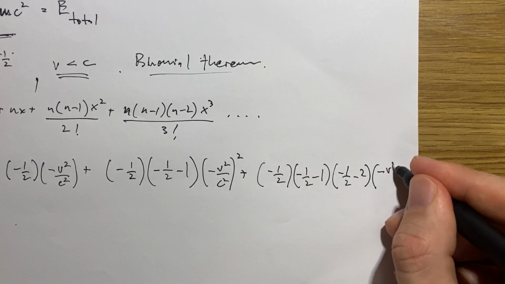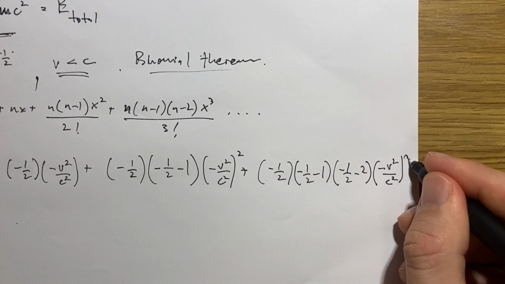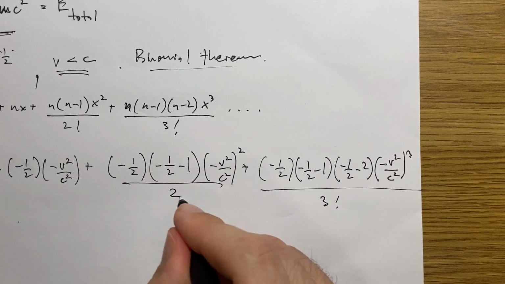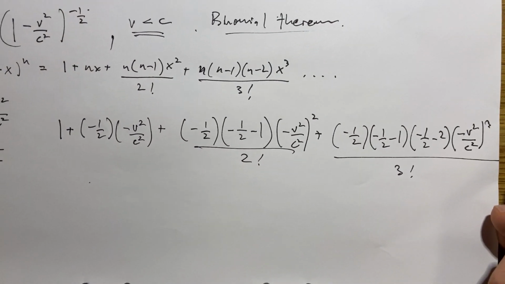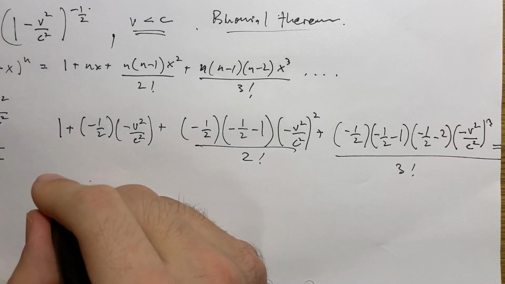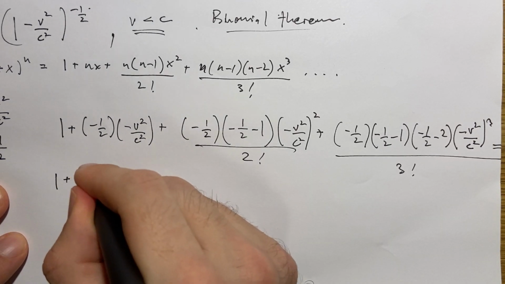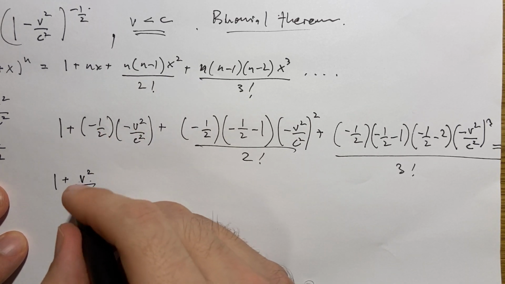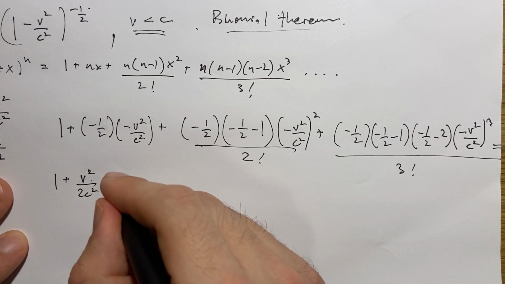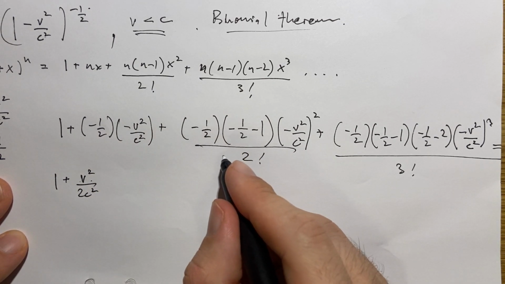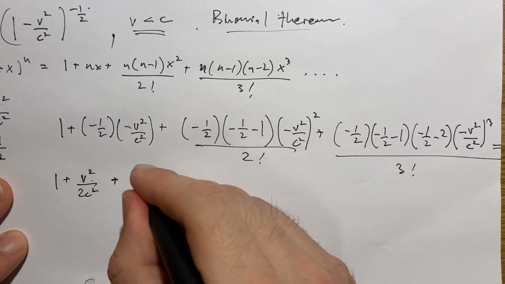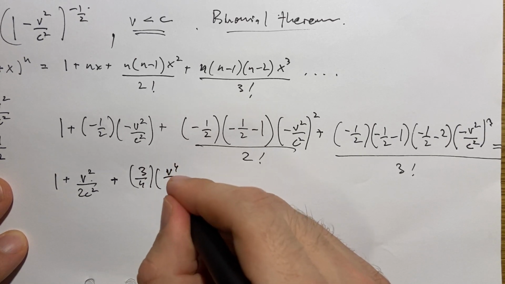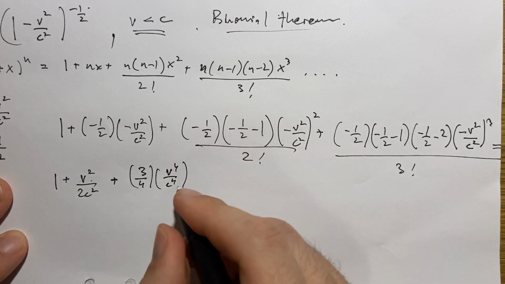Minus 2, minus v cubed, v squared over c squared cubed, and that divided by 3 factorial, that divided by 2 factorial, which, if we simplify it, would give us 1 plus v squared over 2c squared, and that in turn would be 3/4 times v to the power 4 divided by c to the power 4.